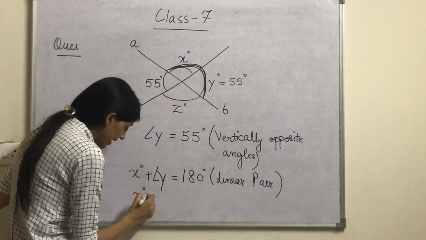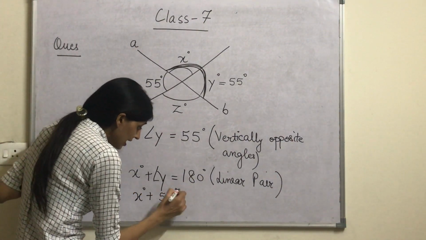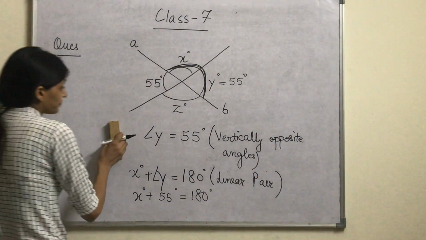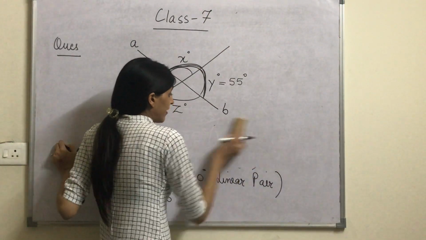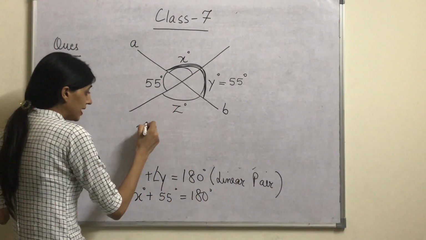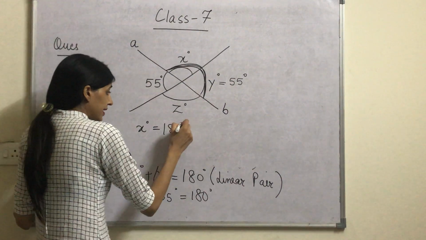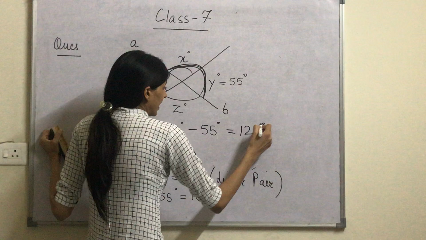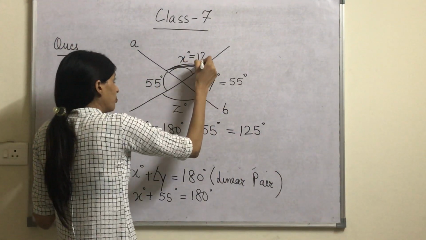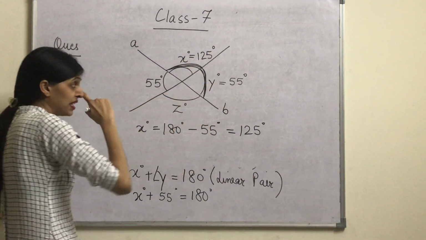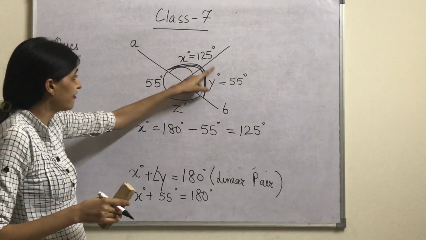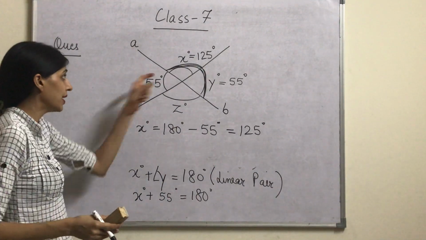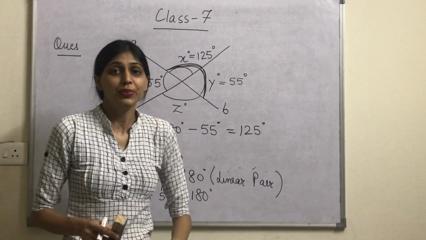So x plus 55 degree is equal to 180 degree. So from here the value of x comes out to be 180 degree minus 55 degree, 125 degree. So this angle comes out to be 125 degree. If you want to check, 125 plus 55 is equal to 180 degree and 180 degree is the linear pair.